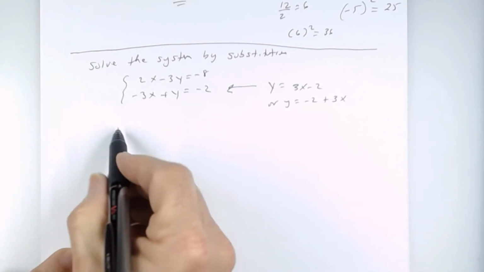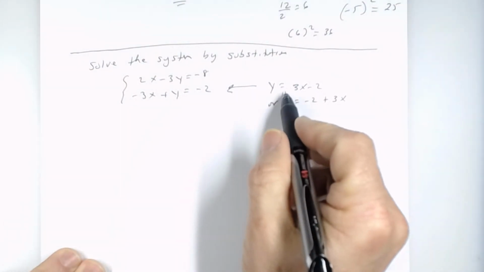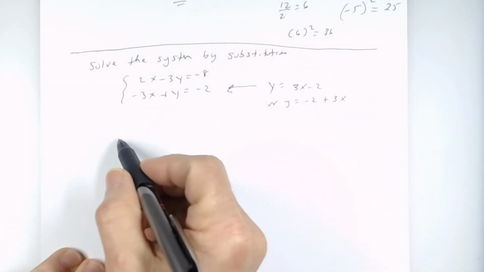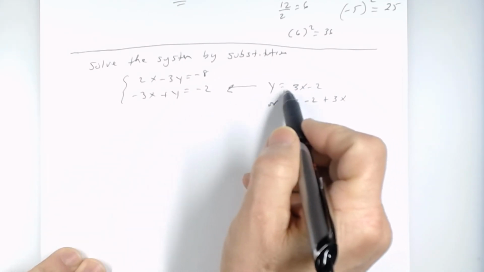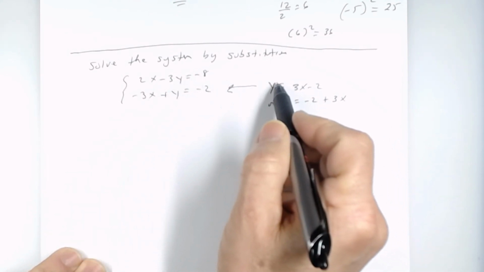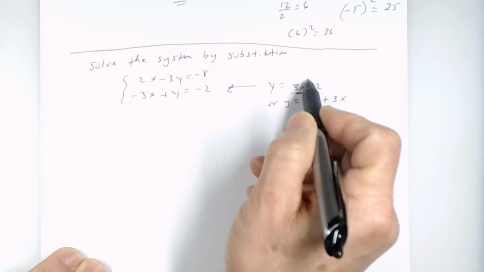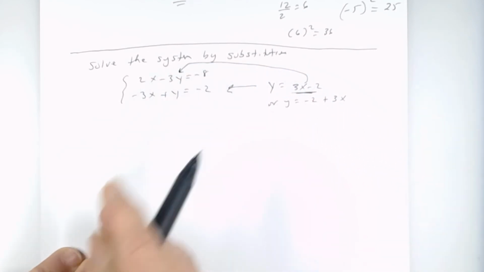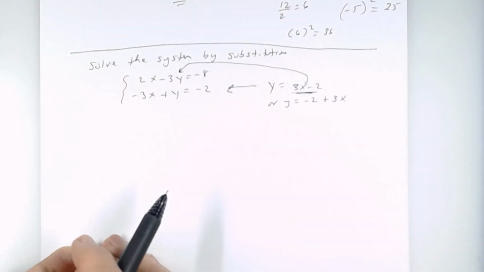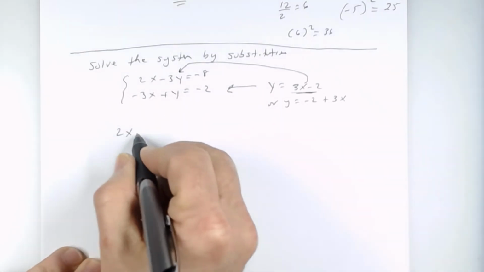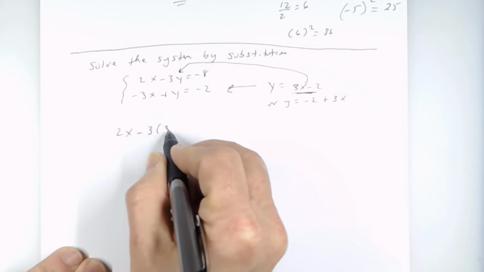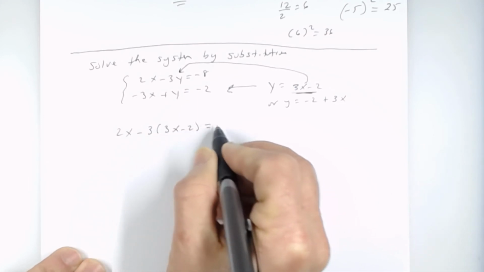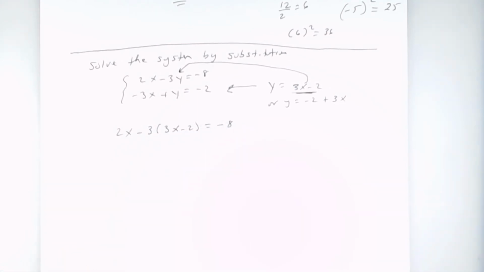All right, so once I get y by itself, what's the next step? Plug it into your other equation. Wherever you see the variable y, I'm going to substitute 3x minus 2. And so I get 2x minus 3 times 3x minus 2 equals negative 8.